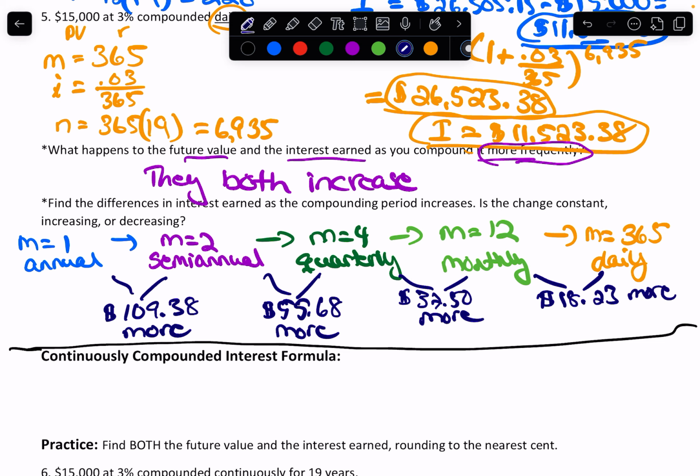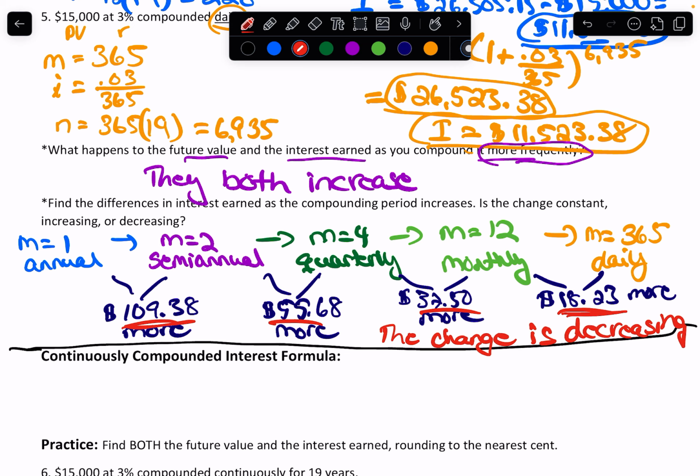Okay. So if we look at the change here, it is decreasing. We're still getting more, but it's less. Like it's not $18.23 compared to here the difference was $100 and $109.